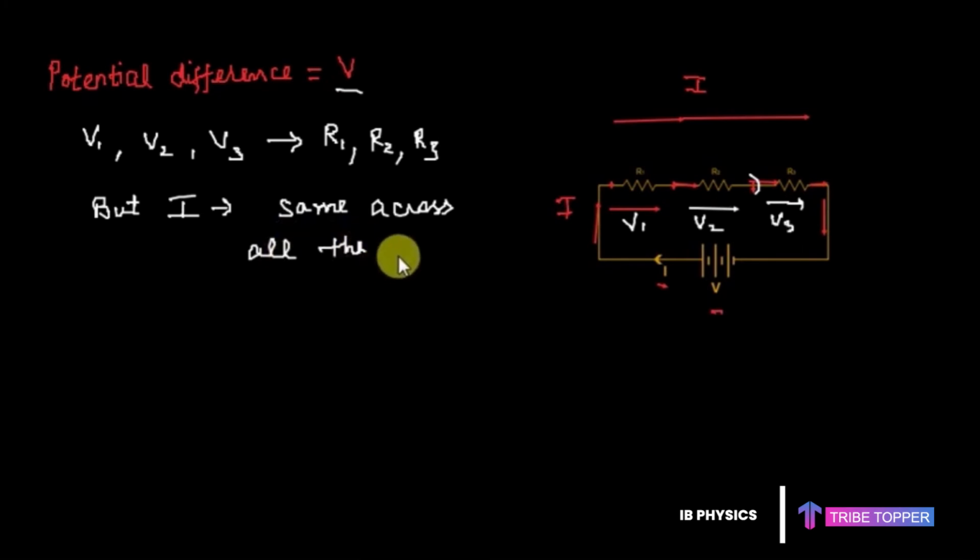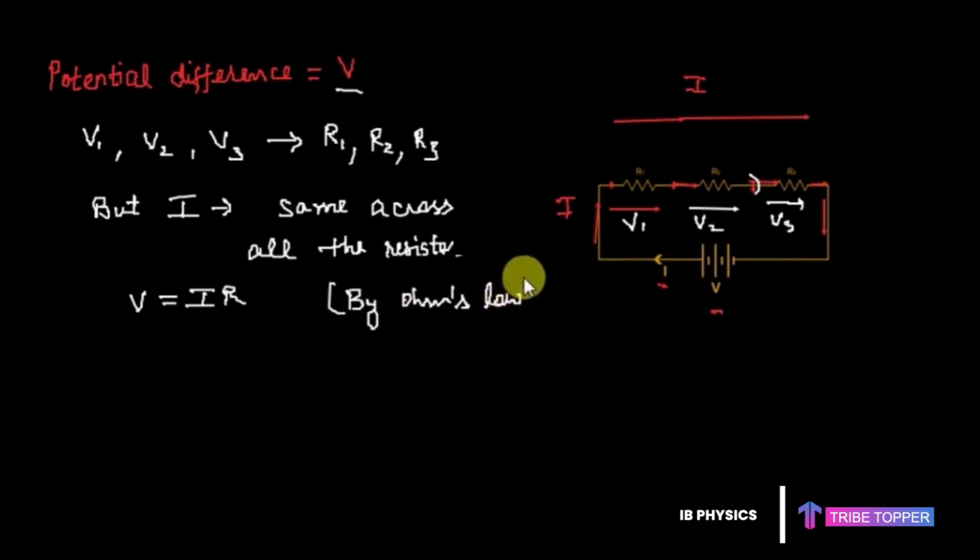Now, when I is the same across all the resistors, we apply Ohm's law: V is equal to IR. Also, V is equal to the sum of V1, V2 and V3, because the sum of these potentials gives you the total potential difference applied. So V is equal to V1 plus V2 plus V3.